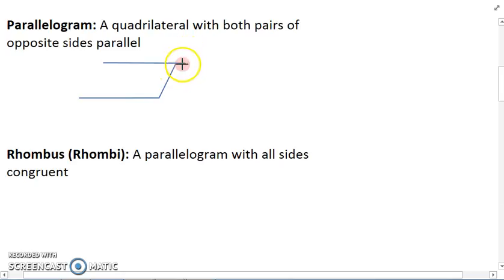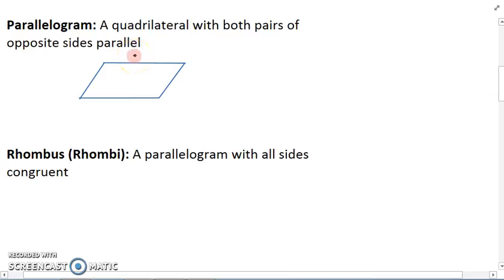And remember, all of these are quadrilaterals, so they have to have four sides. There we go. One more side here. And it says both pairs of opposite sides are parallel. So when we look, we need both pairs of sides to be parallel.